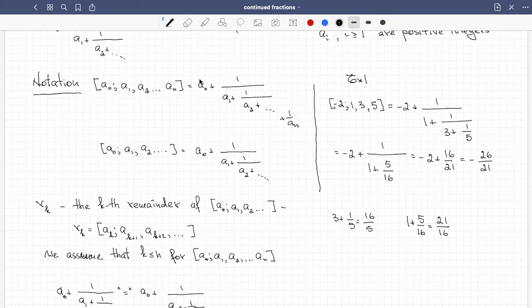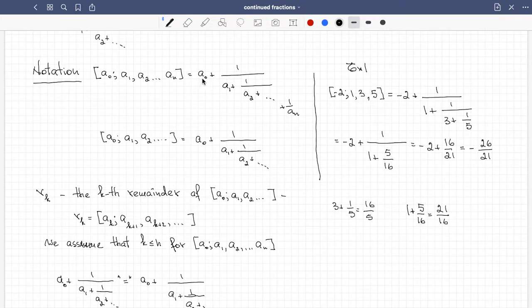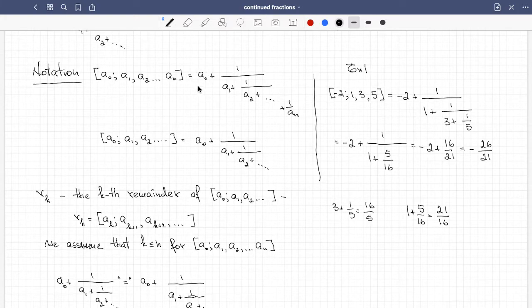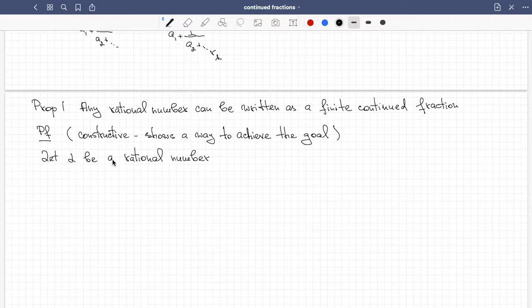But what is that? This is an integer which should be pretty close to our rational number. The rest is positive and smaller than 1. We will see that. Thus, this is the integer part of our rational number.